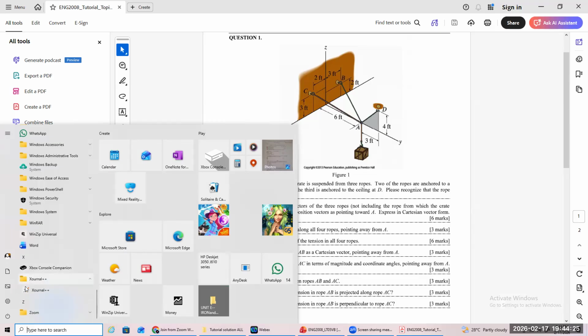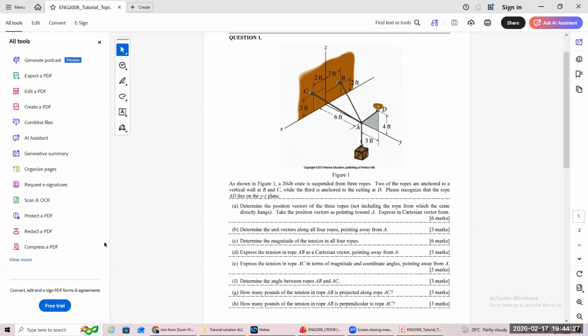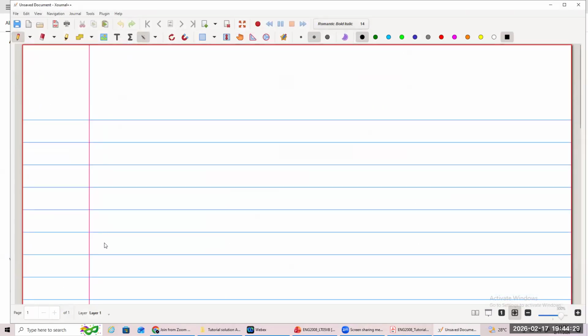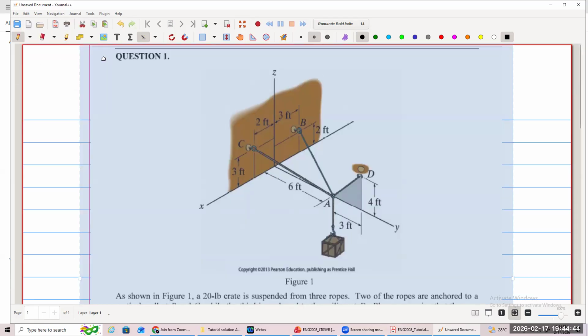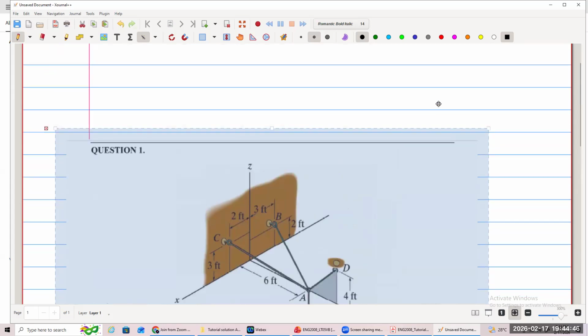You can have a 5 minute break while I set up. And I'm going to get some water myself. I'm going to set up now. Here's my tool.